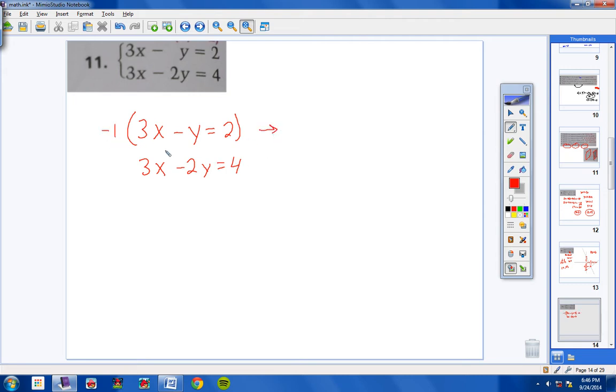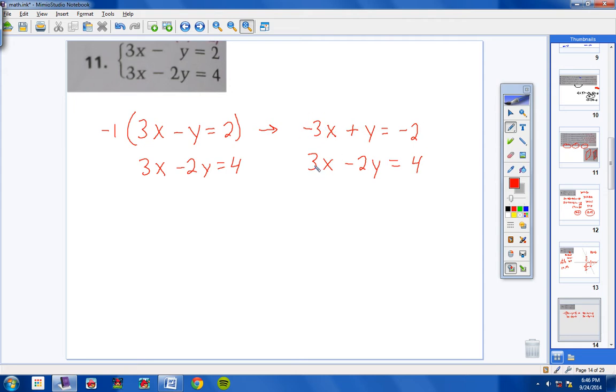So if I multiply the top equation by a -1, -1 times 3x is -3x, -1 times -y is positive y, and -1 times 2 is -2. And then bring your bottom equation over. So I took the top equation, students, and I multiplied it by -1 to give me a number here that would cancel with x.